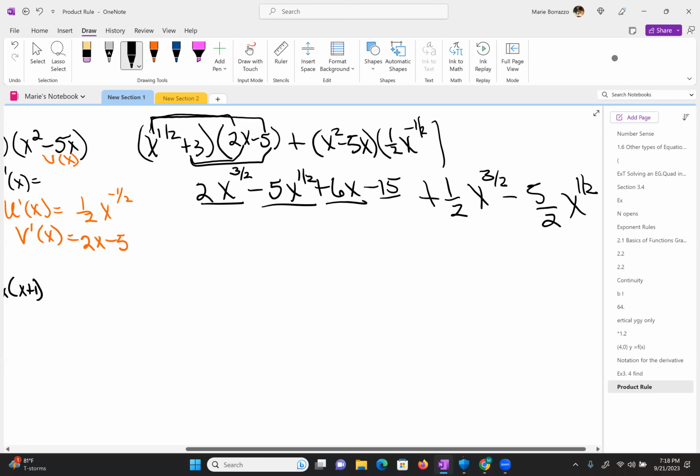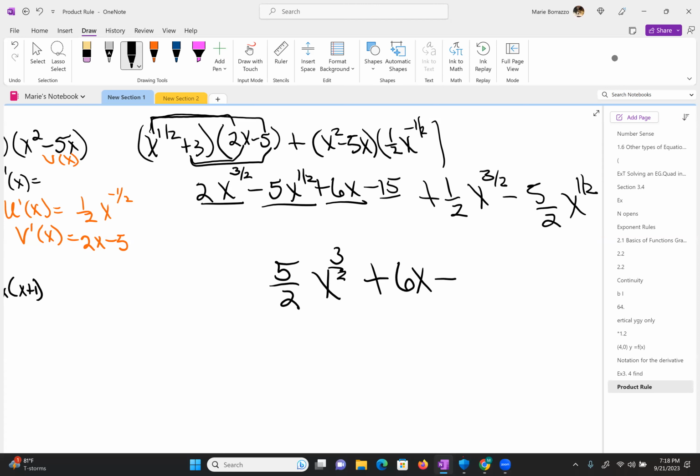If I simplify like terms, I'm going to get 5/2 x to the 3/2 plus the 6x minus the 15/2 x to the positive 1/2 minus 15.